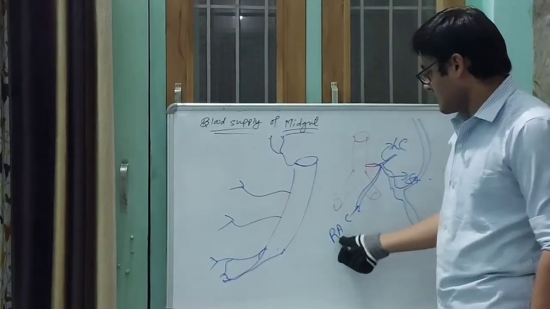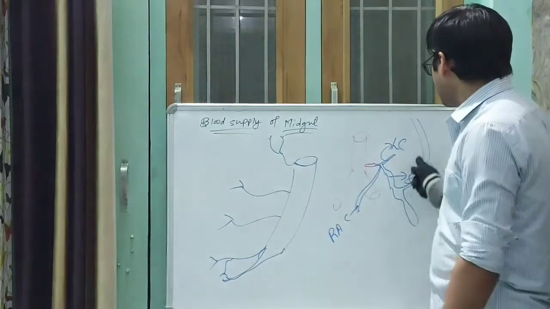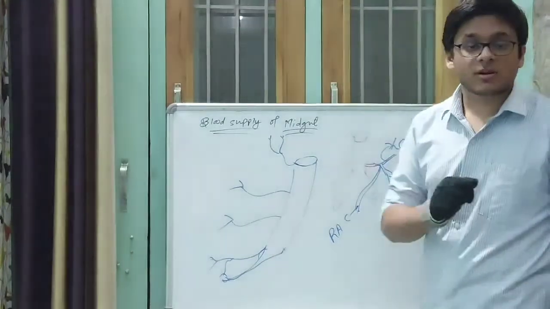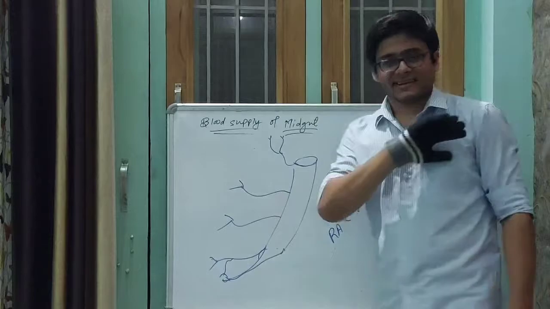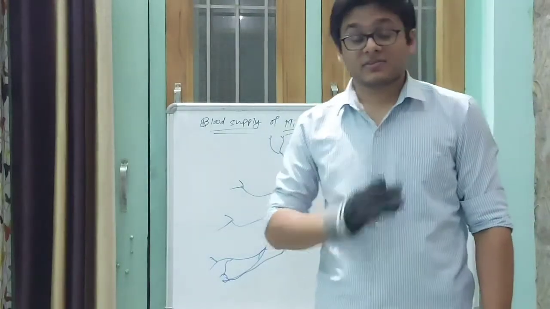It terminates first at the rectal artery. Second, it terminates through the ascending branch of the sigmoid artery. Its relations are not very important, trust me.